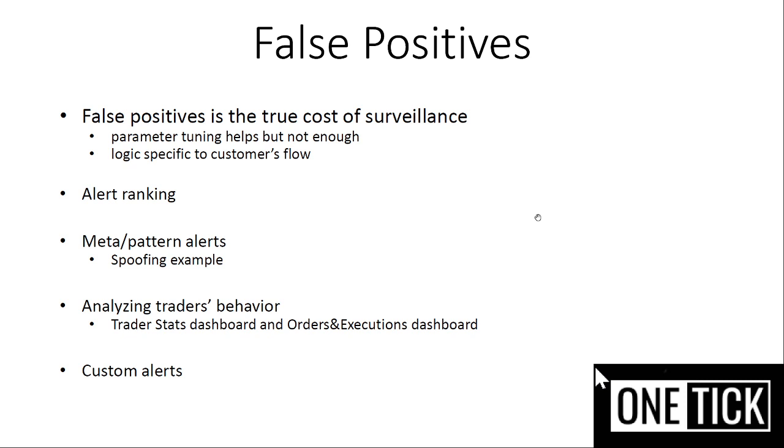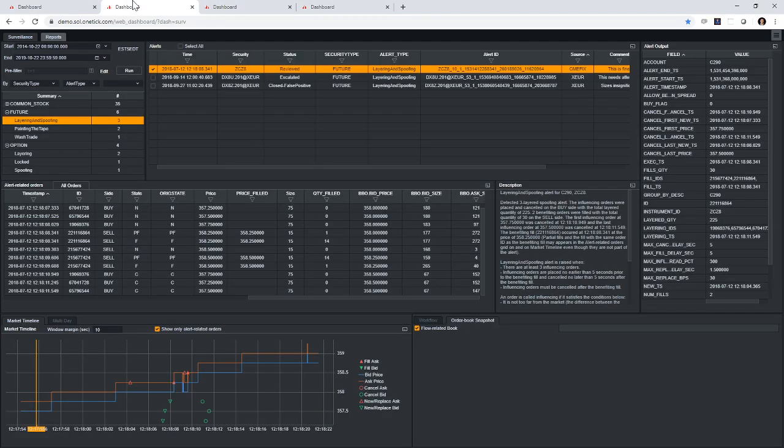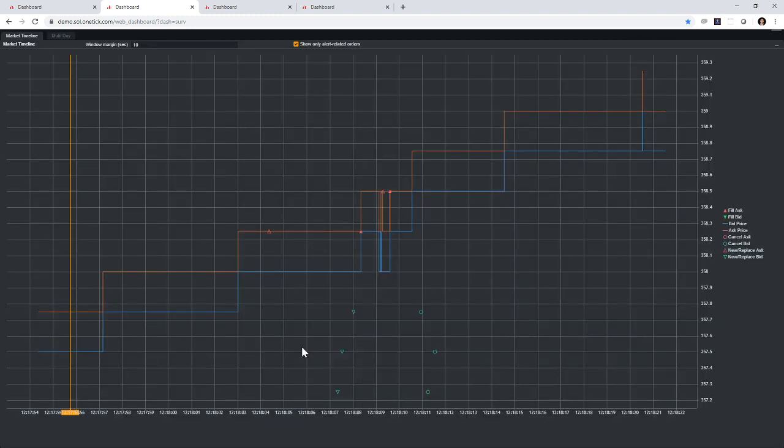Another tool that we provide is meta or pattern alerts, and I'll illustrate what I mean based on an example. Let's take a look at a graph that visualizes a spoofing alert that we identified. And I'll briefly go through this. We are showing the best ask and the best bid as two lines, and the markers correspond to the monitored order flow.